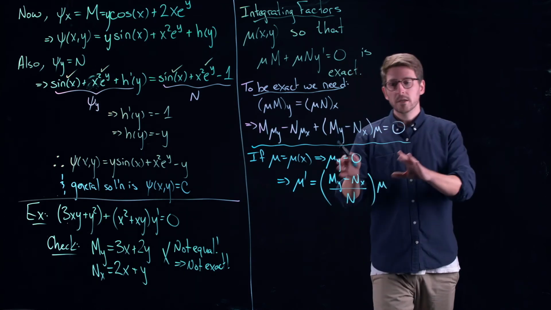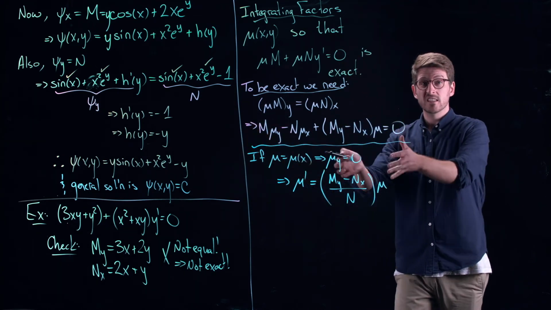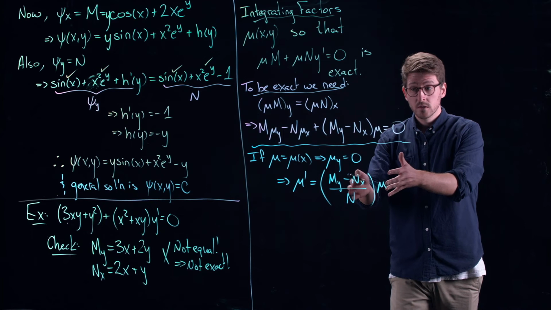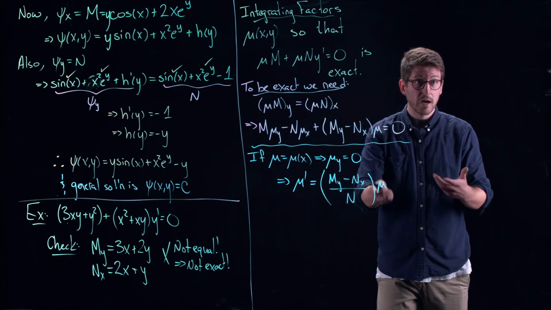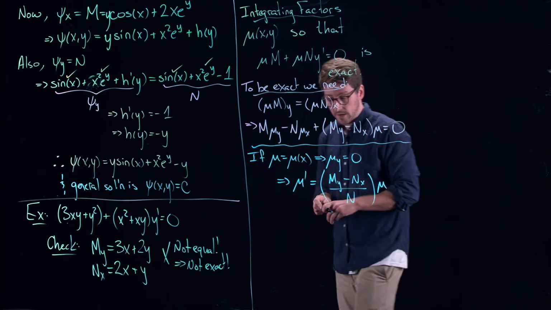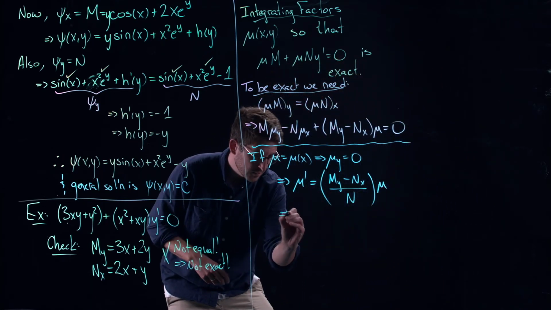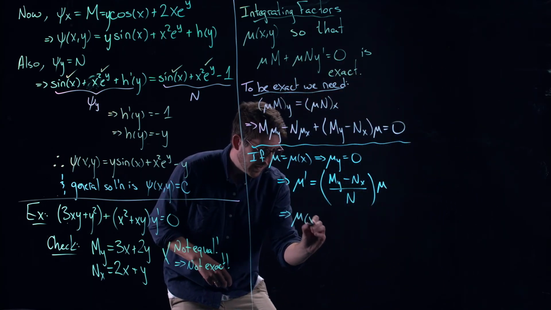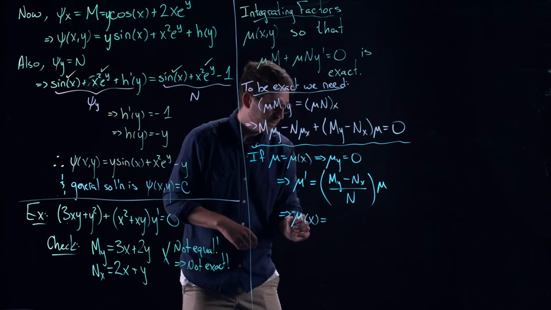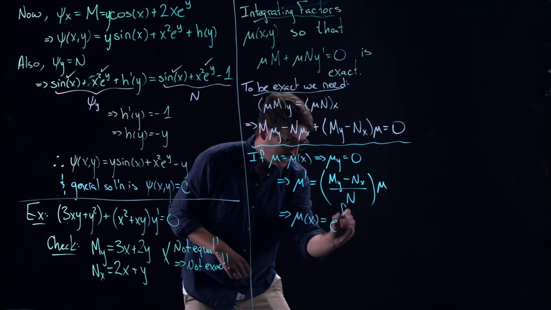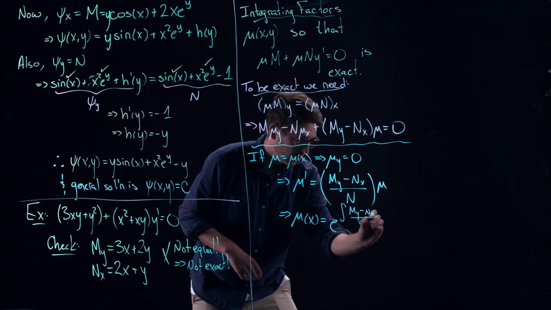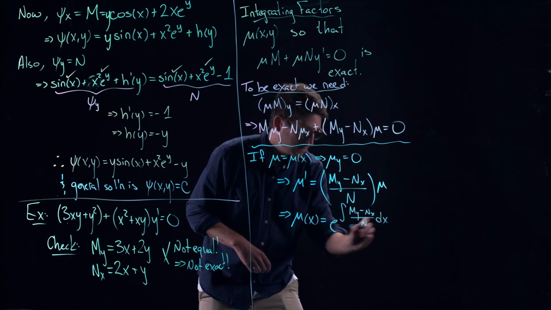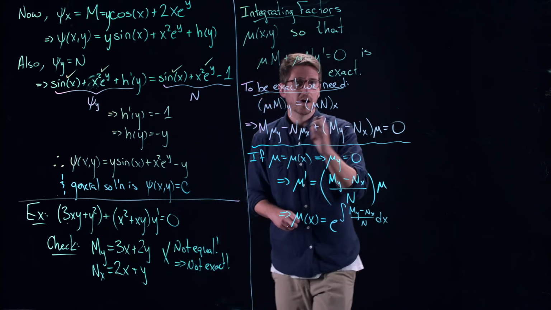which, don't be intimidated by all the notation here. This is actually something we can solve because this is really similar. This is like the p of t term that you had for your regular integrating factor. So this tells you that mu of x is equal to e to the integral of M sub y minus N sub x over N dx. But there's a caveat.